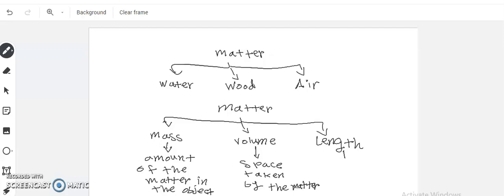Length is talking about the lengths of our objects, like the length of a pencil, a table, a classroom, your room, a car. It is just a distance from one point to another point.